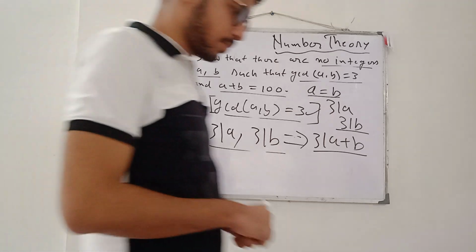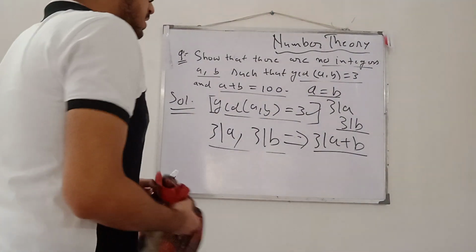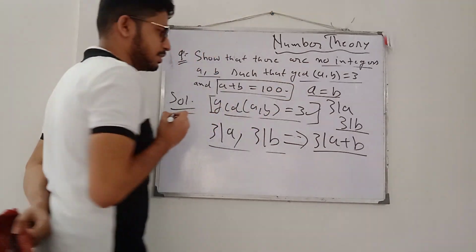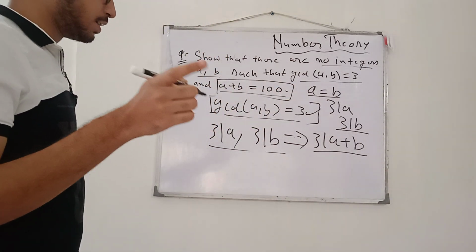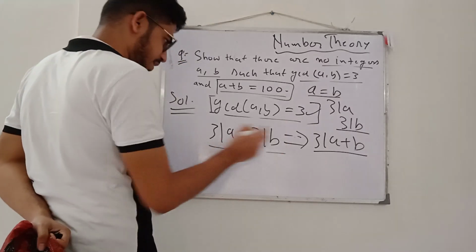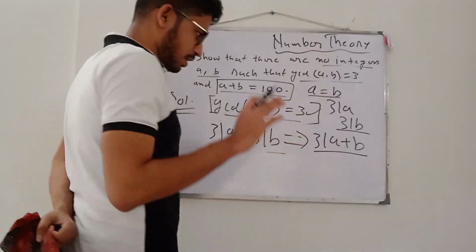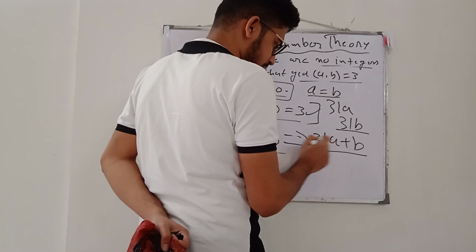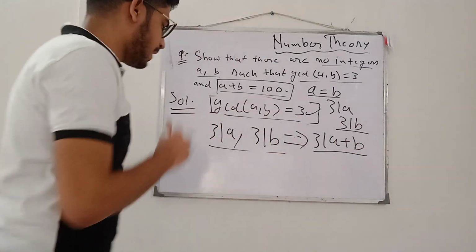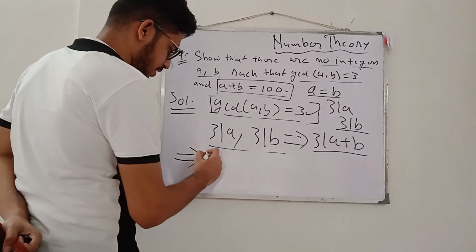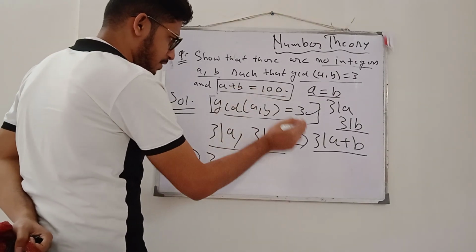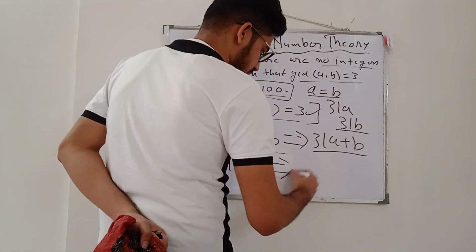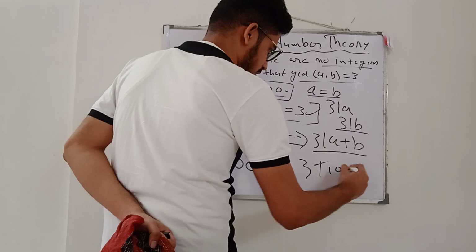So now what is the value of a plus b? 100. So 3 divides a plus b, and up to this point it is correct. But a plus b is 100, so 3 divides 100, which cannot be true. 3 does not divide 100.